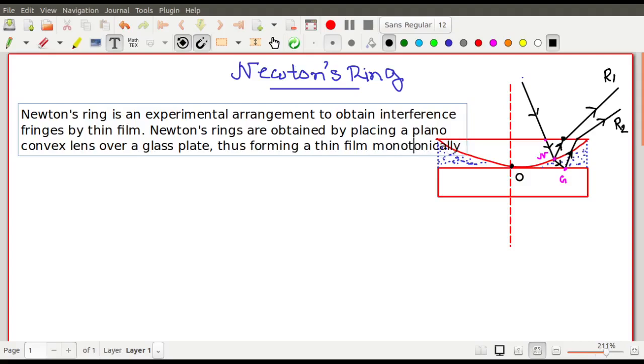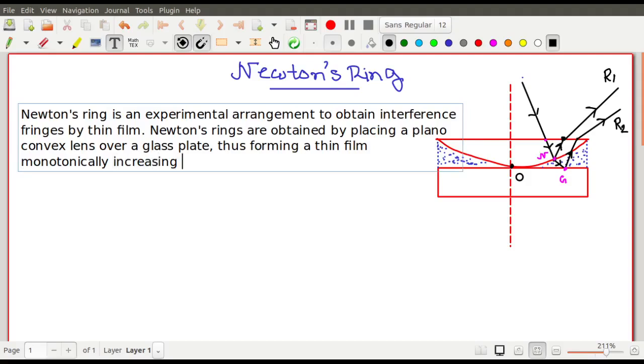Monotonically means it is only increasing, forming a thin film which is only increasing in thickness from the point of contact, capital O.